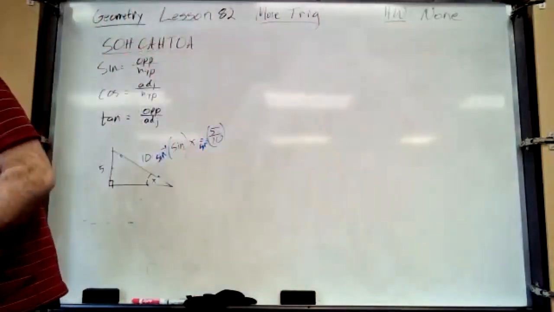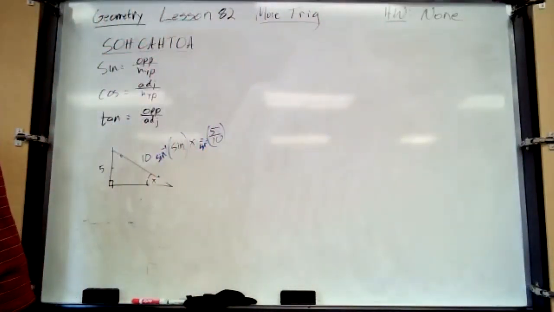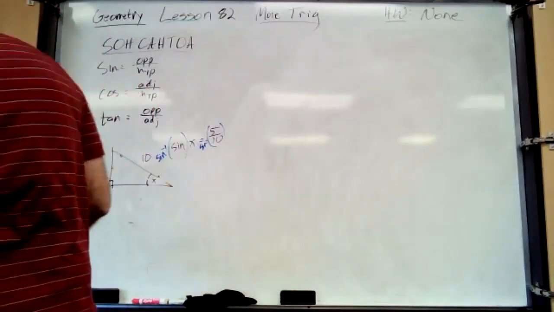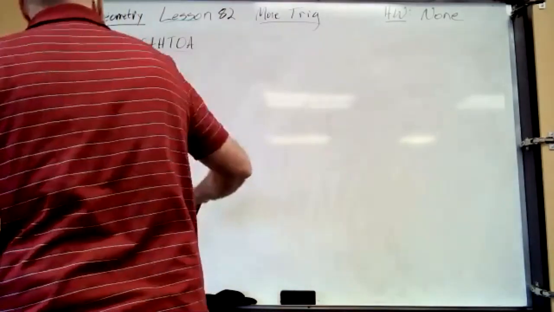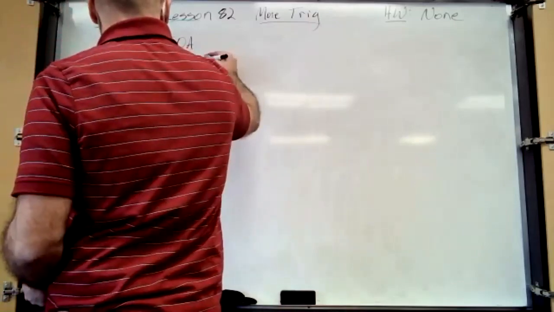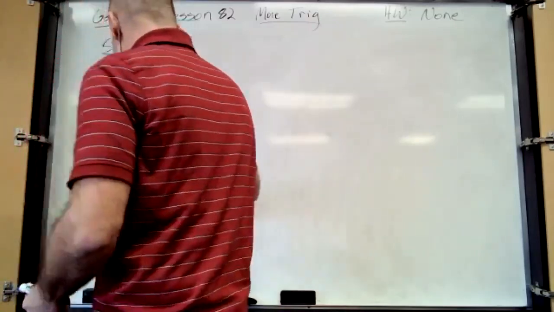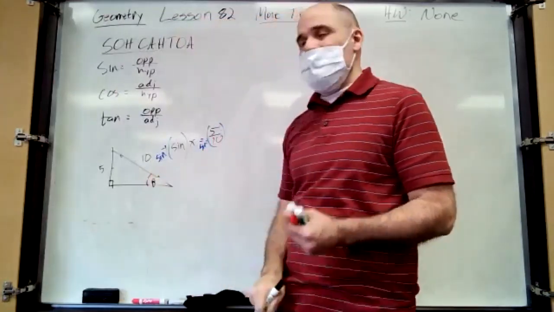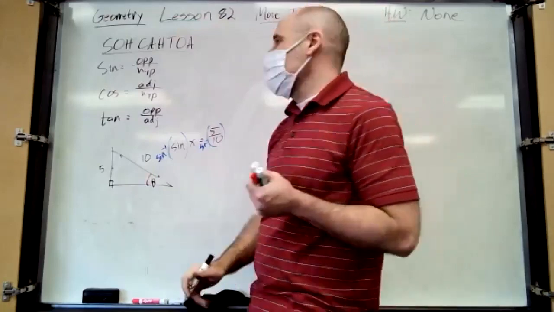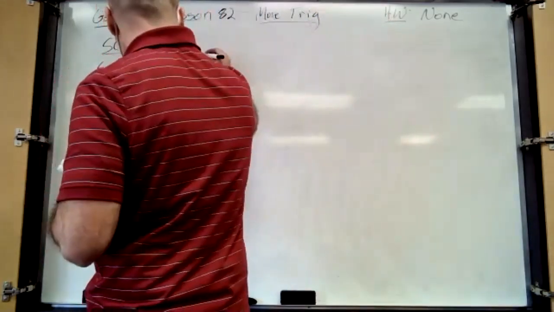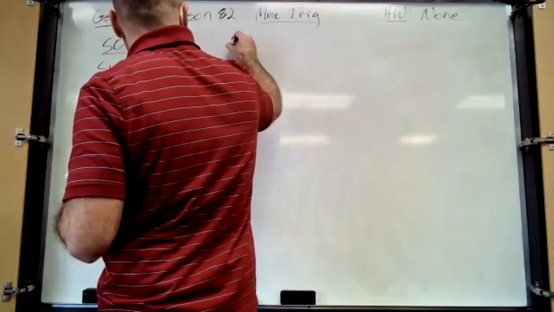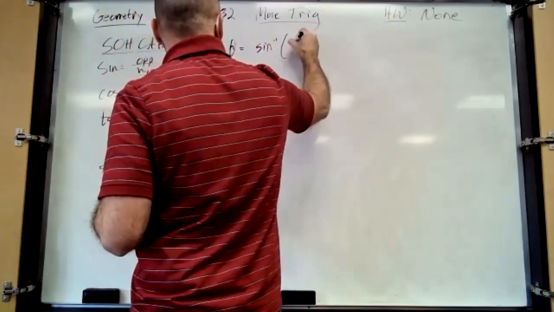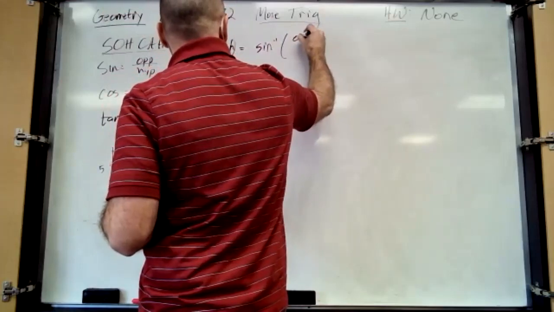All right, let's try one and see if you guys can do this. If we're looking for theta, and usually it's not X for angles. With angles, they use Greek letters, so this is going to be theta. You might have done this in physics. Basically, theta equals the inverse sine of opposite over hypotenuse.